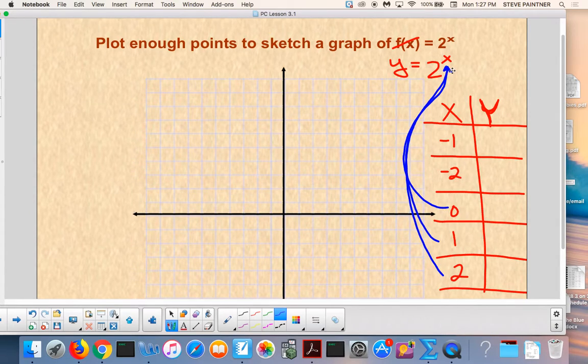Let me start with the easy one. 2 squared is what? 2 to the first is what? 2. 2 to the 0 is what? 1.